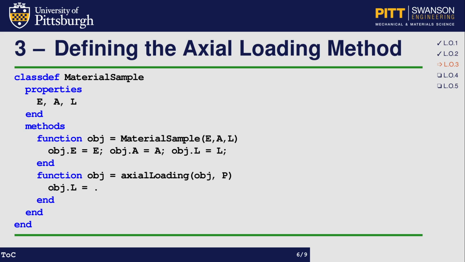Then inside, we apply the deformation equation from Statics 1, where the object's new length is equal to the original length plus the force times the original length divided by the Young's modulus and the area, or PL over EA.